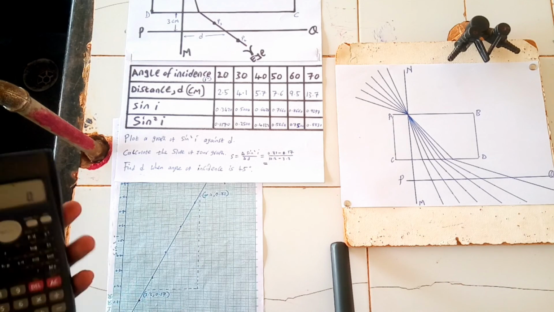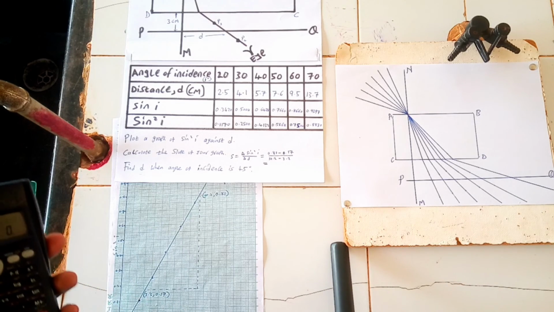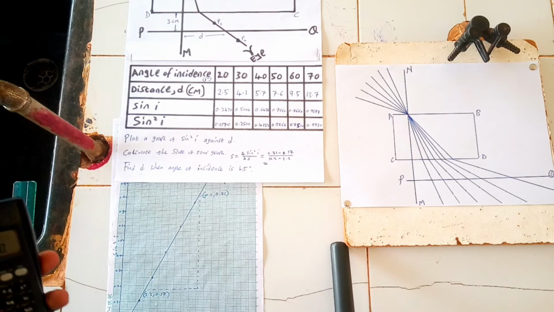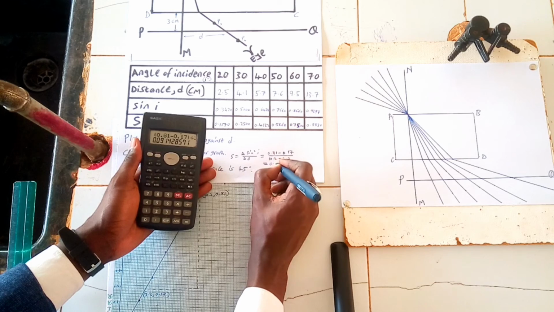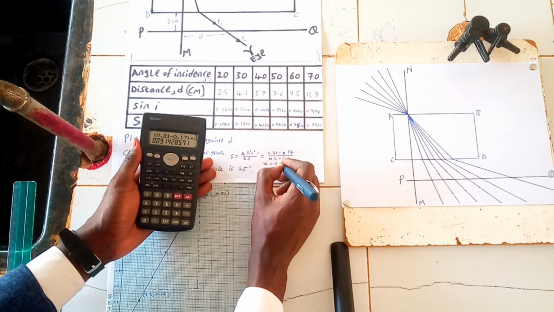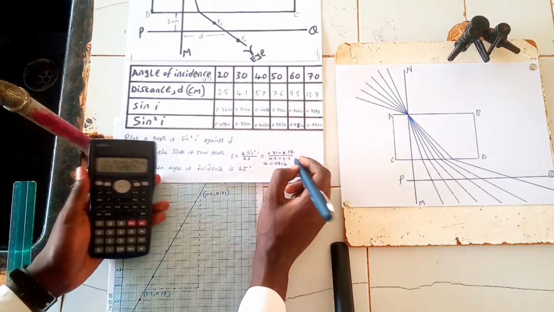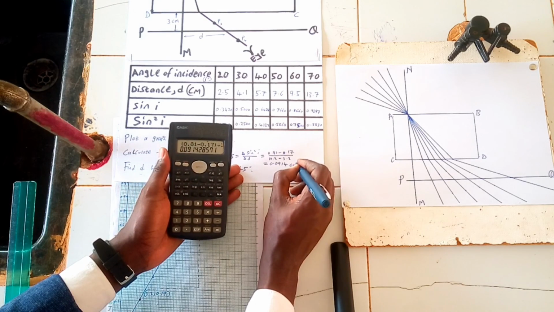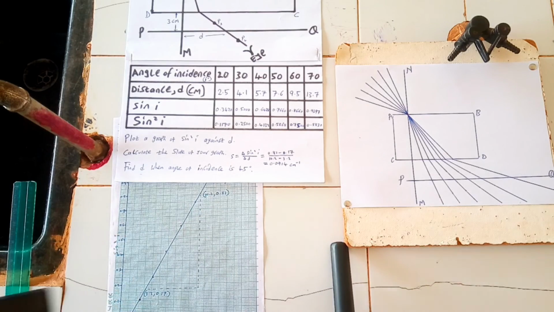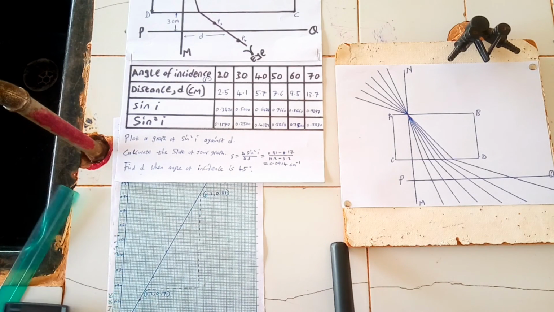Let's see, the numerator in bracket 0.81 minus 0.17 divided by 10.2 minus 3.2. This gives us 0.0914. This one will be per centimeter, because we have centimeters in the denominator.